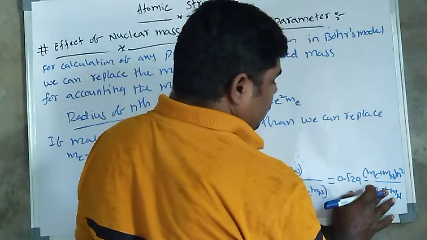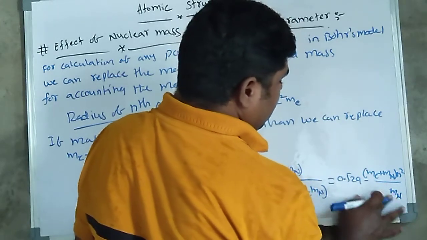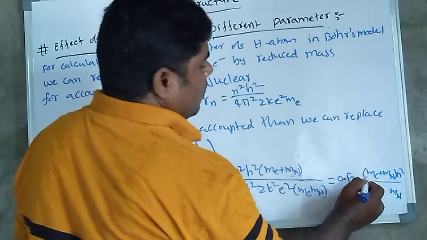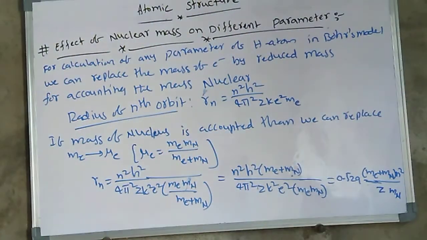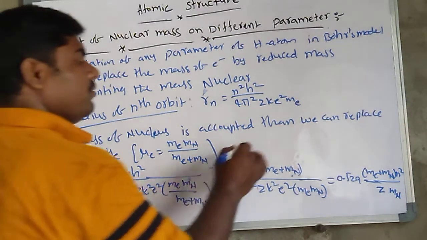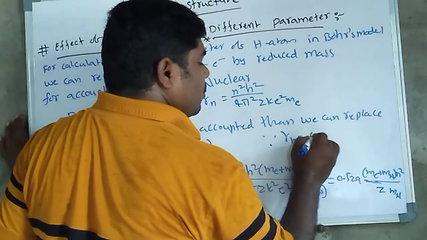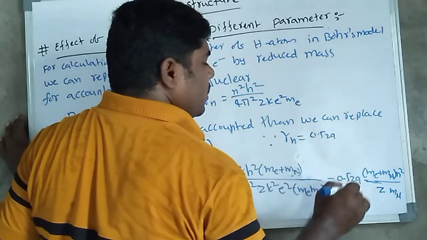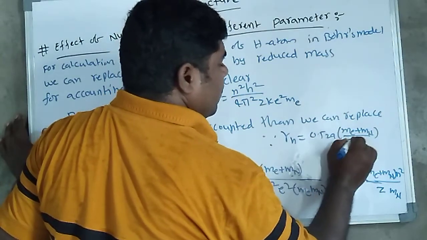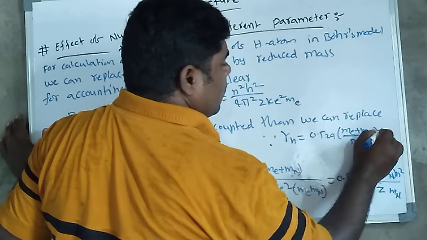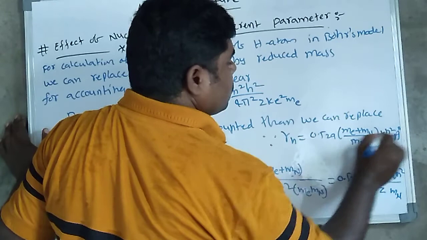So the final value, Rn is equal to 0.529 into me plus mn divided by mn into n square by Z in angstroms.